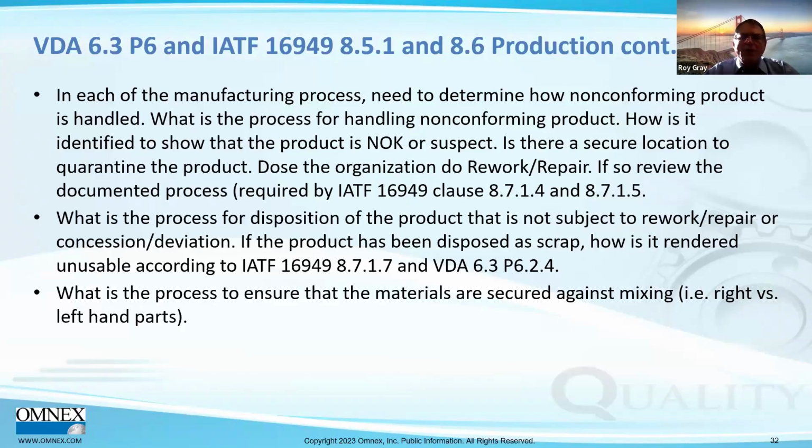And of course in both standards, what is the process to ensure that the materials are not going to be mixed up? For example, right hand versus left hand parts. What's the process? How do organizations ensure that does not happen?